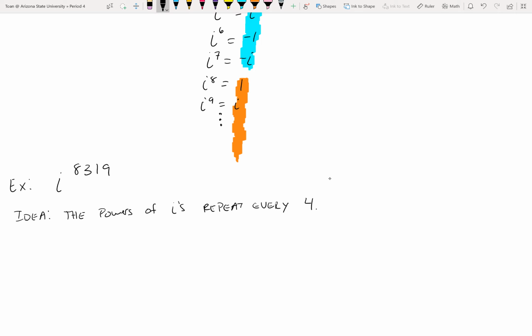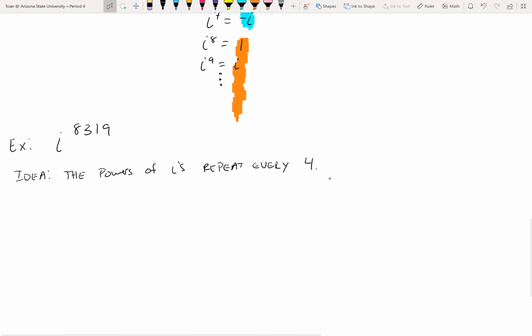So I want to take away all of those duplicate exponents. So I'm thinking, okay, how many duplicates of 4 are there in 8,319? That is a division question. So we're going to take the exponent and divide it by 4.